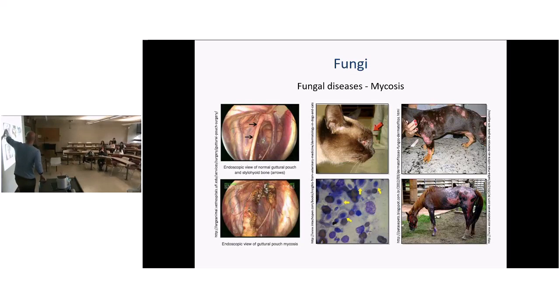And this one here, this is what we call the guttural pouch in horses. It's a space that goes here, pretty close to the ear of the horse, and it has a pretty good size, and it's not very common.